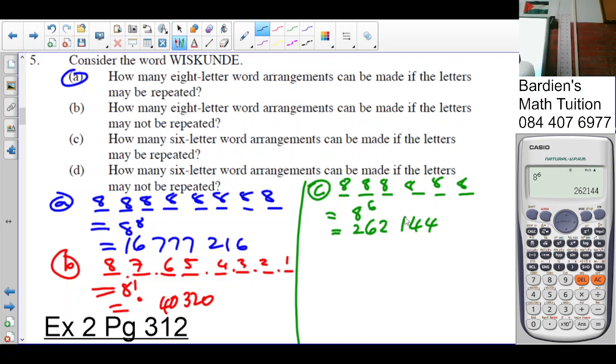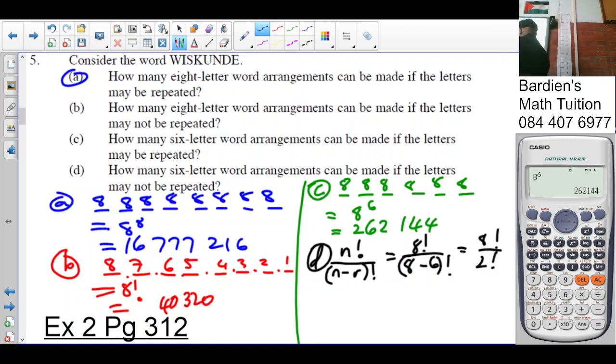Then D, how many 6-letter word arrangements can be made if the letters may not be repeated? So that's the type of n factorial over n minus r factorial. So that would be 8 factorial over 8 minus 6 factorial, which is 8 factorial over 2 factorial. That gives you 20,160.